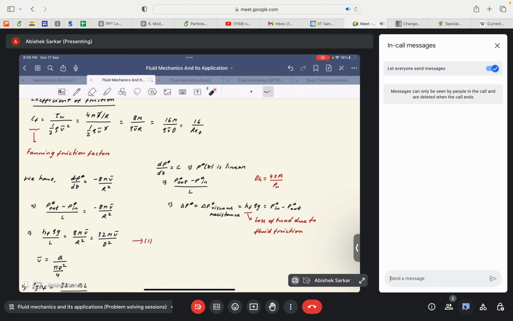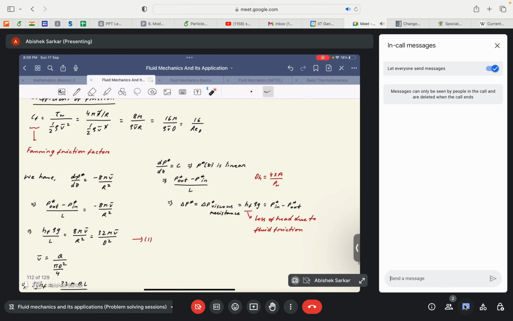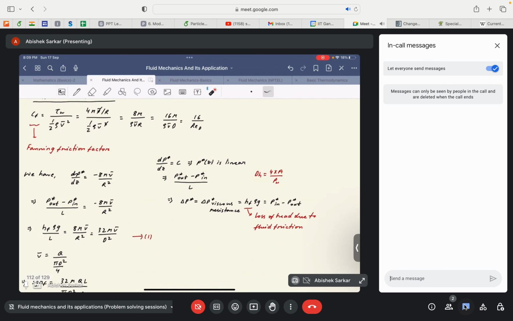Okay, so from this equation you can see that since dou p star by dou z is equal to one constant, and this is the first order derivative, it clearly tells us that the variation of the piezometric pressure is linear, because the first order derivative is a constant. So the piezometric pressure varies linearly with the z coordinate, which signifies the length of the pipe.